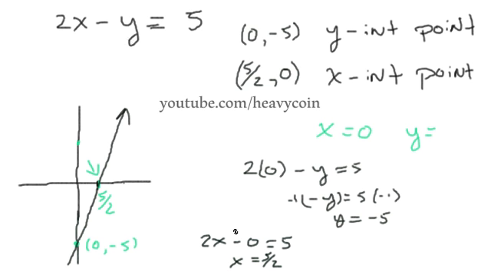We found the y-intercept and the x-intercept, and we consider those to be points, and then we just drew a line right through them. So that's how you would graph that equation. It's that simple. Find the x-intercept, find the y-intercept, and draw a line that passes through both of these points. We're going to be doing a few more of those.